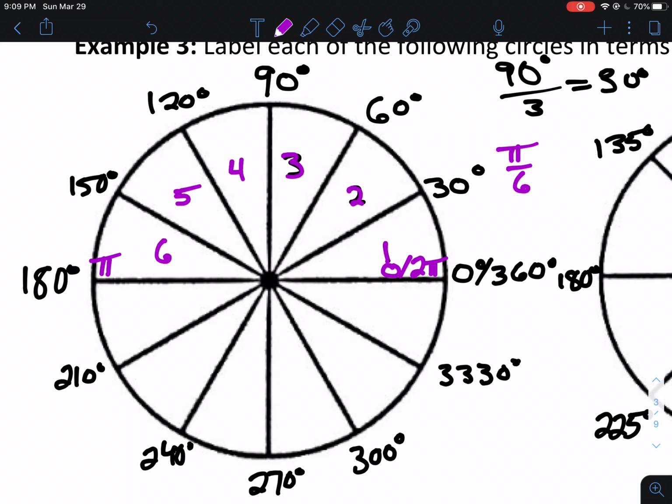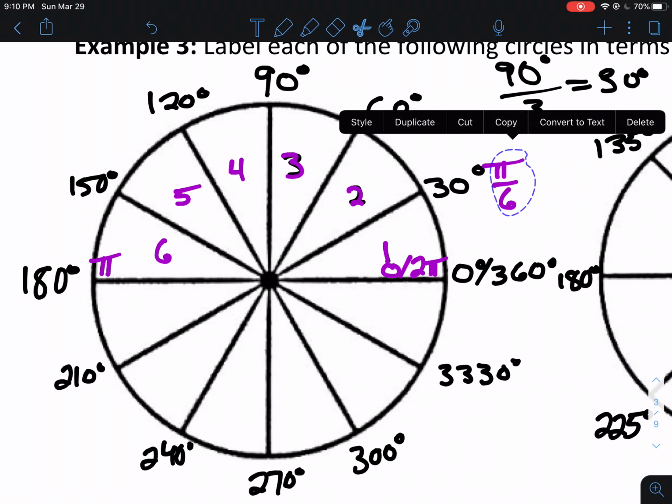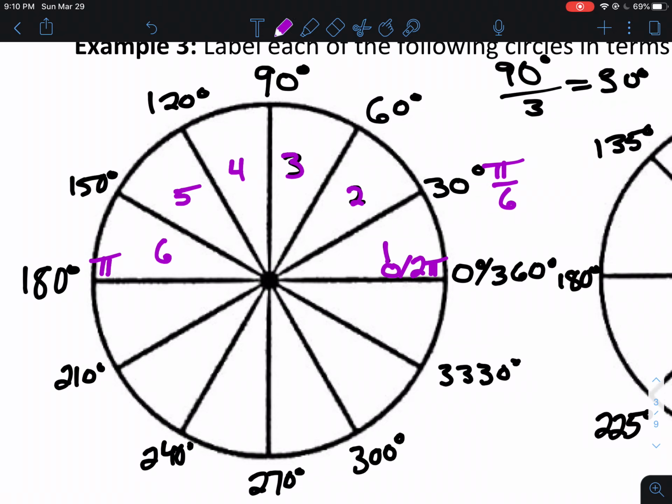And then we'll just leave that as a fraction, actually. We won't even have to simplify it. So this first angle would have to be pi over 6. So pi over 6 would be the same as 30 degrees. If I add another pi over 6, 1 pi over 6 plus 1 pi over 6 would be 2 pi over 6. So 60 degrees would be the same as 2 pi over 6.